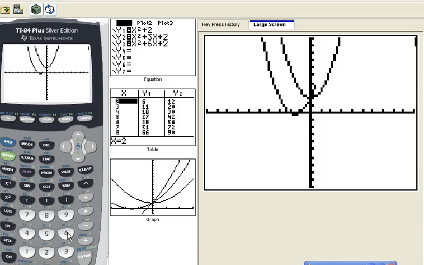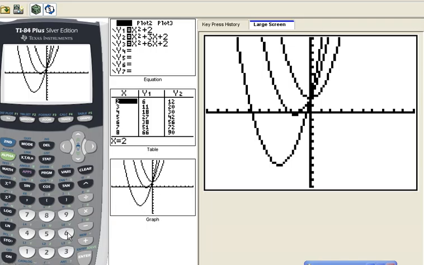There's y equals x squared plus 2, y equals x squared plus 3x plus 2, and y equals x squared plus 6x plus 2. And remember, our prediction said that we were going to have the same y-intercept, and it sure looks like that. There's the y-intercept right there. And we also thought they would have about the same curve. If I were to move this graph down here, it really is the same curve.